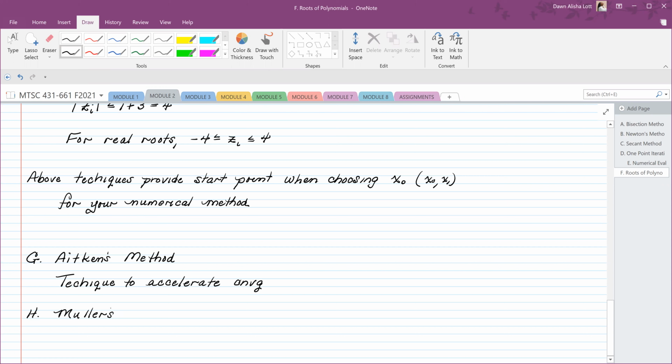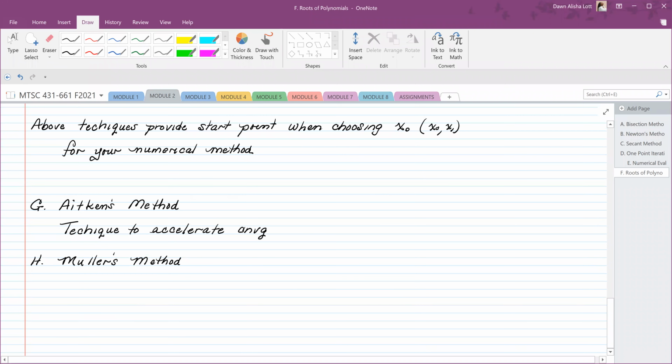And Muller's method is helpful for finding complex roots.